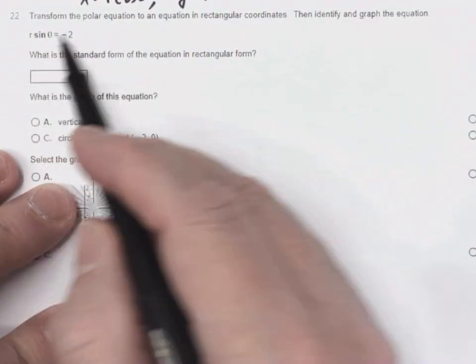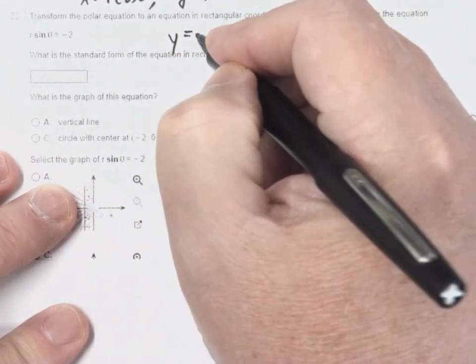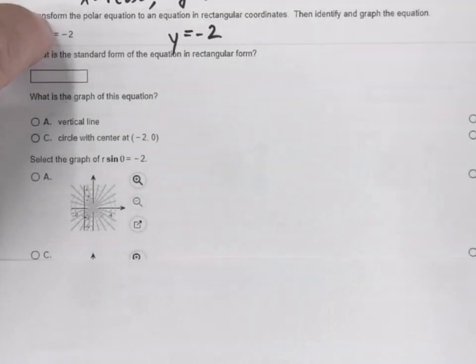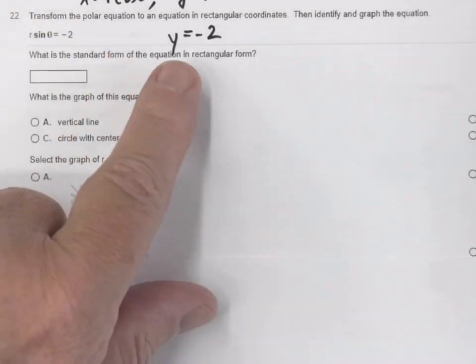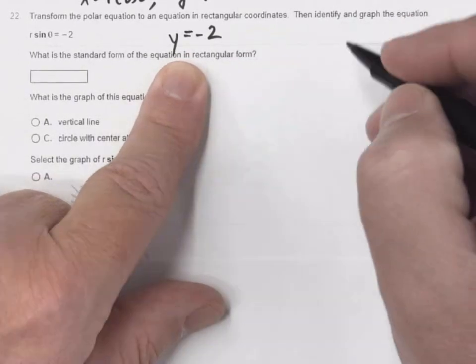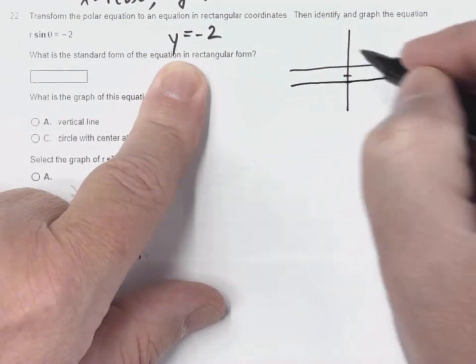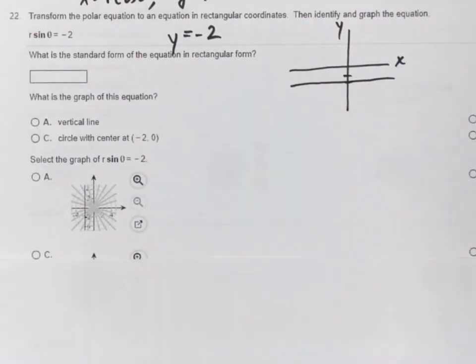Well, here I have r sine theta. R sine theta is y. I think it's as simple as that. Now when I look at this, I don't have a good feel for what that graph should look like. But when I convert it to rectangular coordinates, y equals -2 is simply a horizontal line that goes through y equals -2.